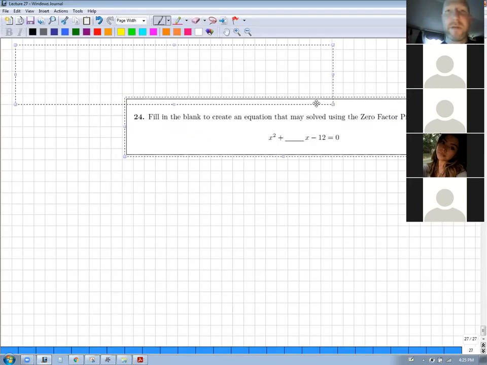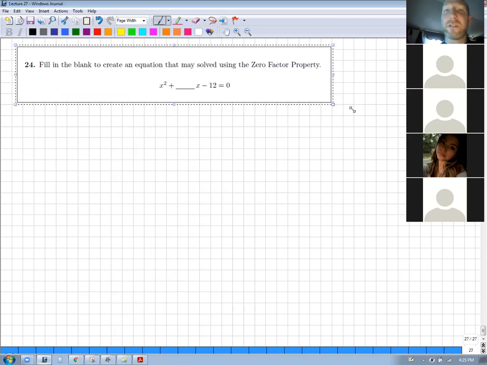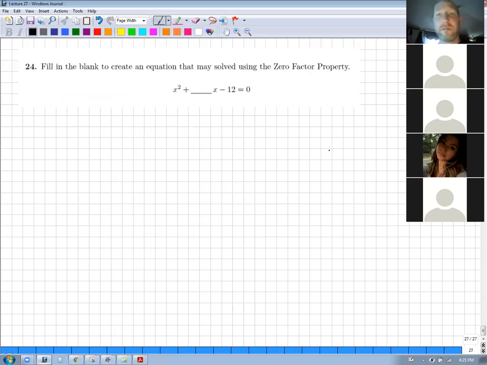Fill in the blank to create an equation that may be solved using the zero factor property. You can put any number in there. What, 7x? Because we could factor that, right? Let's see.